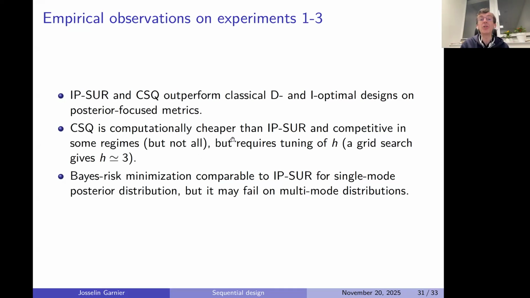CSQ is a little bit cheaper than IPSure, and it can be competitive, but you need to fine-tune the hyperparameter h. So eventually, it's not so cheap. And Bayes risk minimization can be okay, but only for single-mode posterior distributions. When the posterior distribution is more complex, multimodal, it can be trapped.